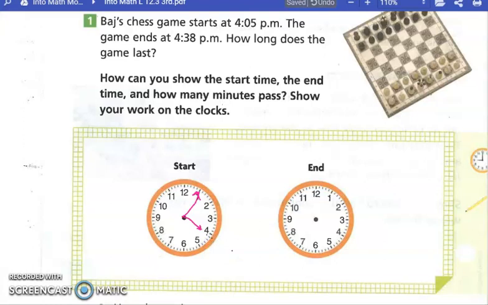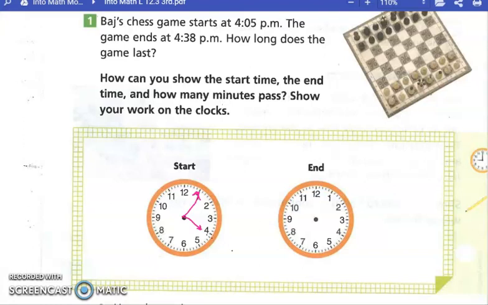Now, what time did it end? Does it say? 4:38. Okay, let's figure out. That's when we started at 4:05. 4:38. So how are we going to get to 38 minutes after the hour? What do we know about 6? 6 is 30 minutes after the hour, right?